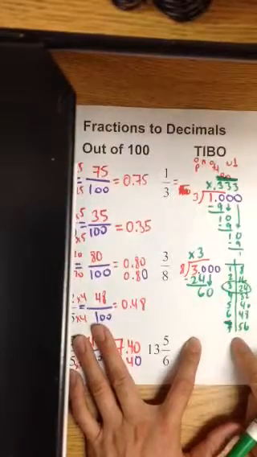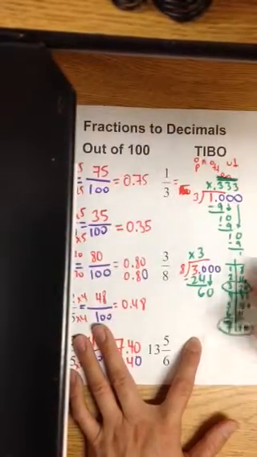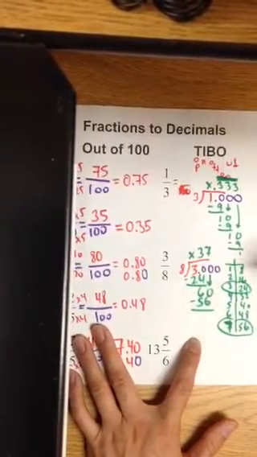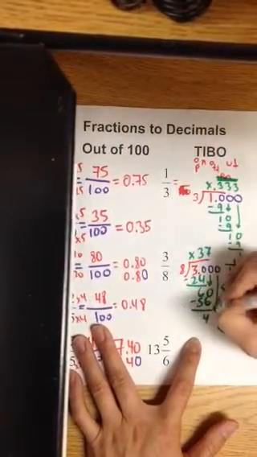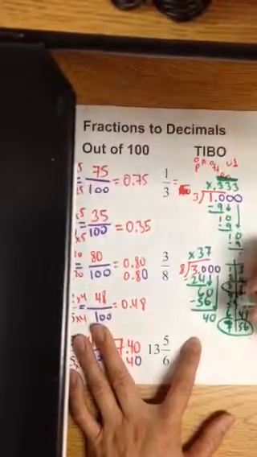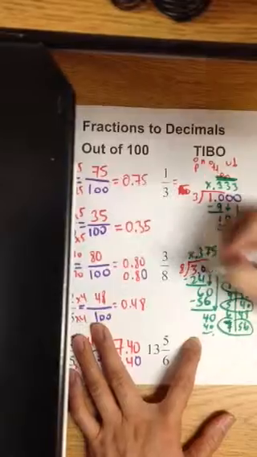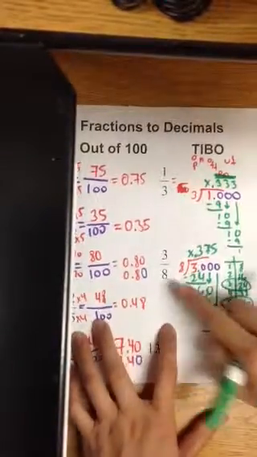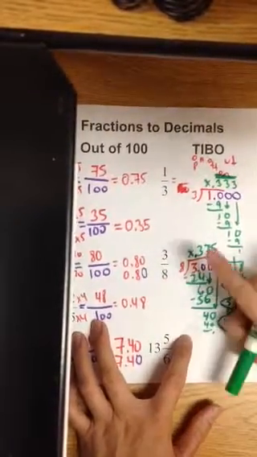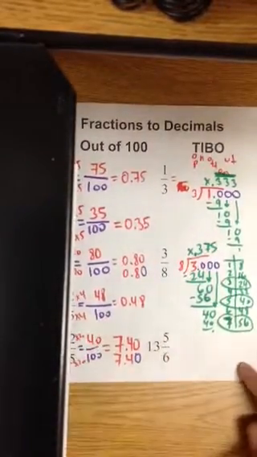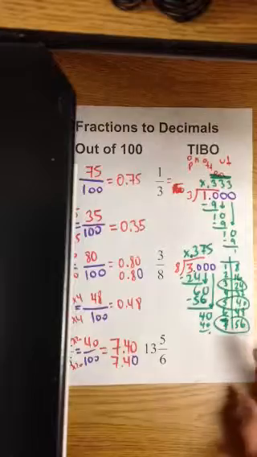Who is closest to 60? The 7th number. That's 56. 60 minus 56 is 4. I bring down the 0. Do you see 40? Yes, it's right here. 5. Oh, I forgot my decimal point right here. So 3/8 is equivalent to 375 thousandths.